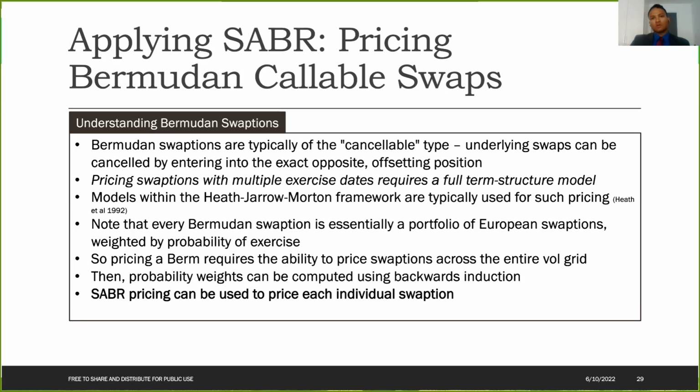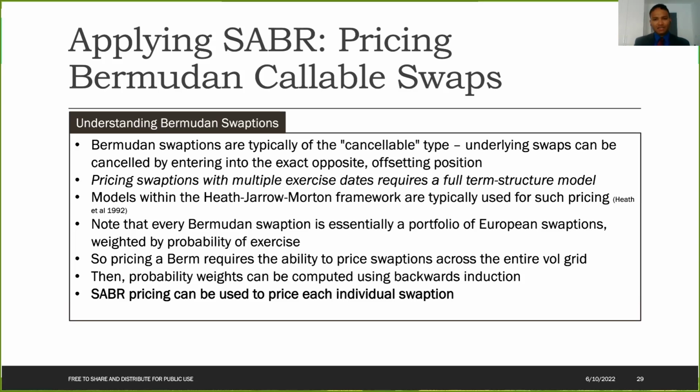Every single one of these points can be priced using a European swaption on that forward rate, which means that the minimum value of this Bermudan swaption must be the highest value of that portfolio of swaptions, because the value of the Bermudan is a probability weighted sum of the values of all of those European swaptions. The weights are the probability of exercise at any of those given points, and you can compute those through backwards induction. The maximum value of the Bermudan swaption must be the equivalent cap.